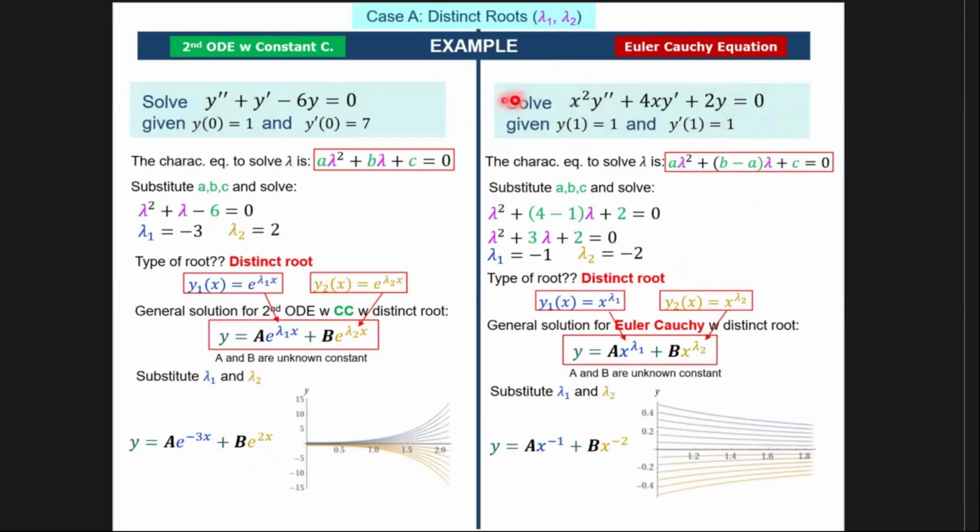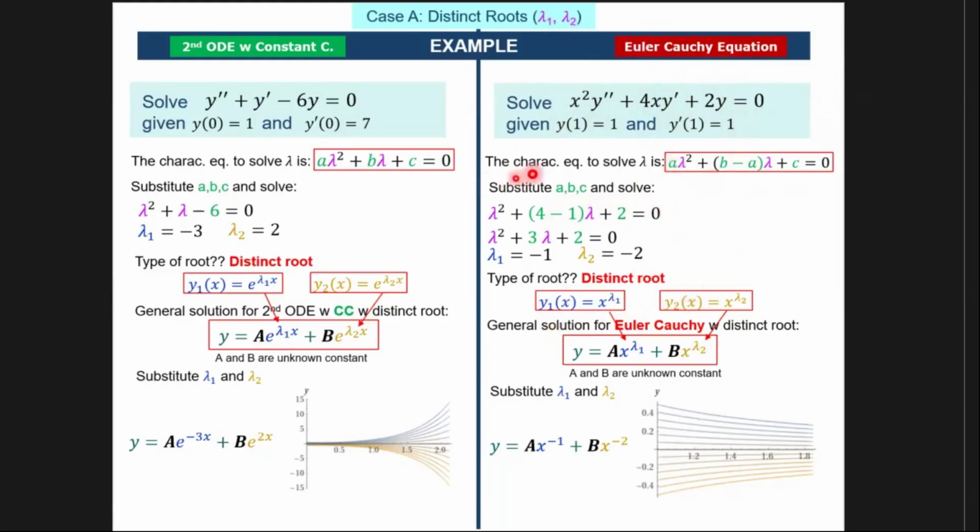Please make sure you know what type of second-order ODE by looking at the terms in front of y double prime and y prime. If there is an x squared here and x here, it means that you are dealing with an Euler-Cauchy equation. So the characteristic equation will be different, and also the y assumption will be different.